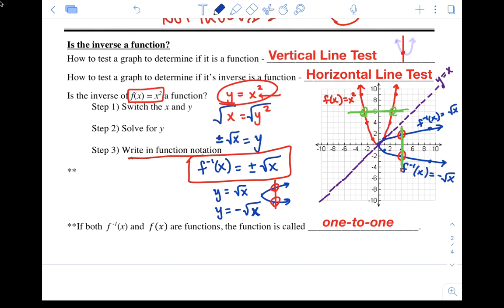The cubic parent function looks like that. A vertical line is only going to hit it one time. A horizontal line is also going to only hit it one time. So when it passes the horizontal and the vertical, it is said to be one-to-one. It's a function whether you invert it or not.